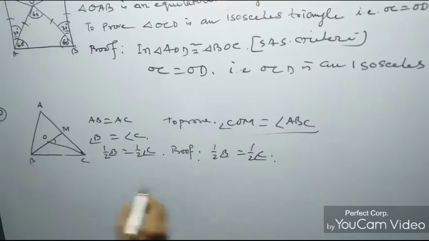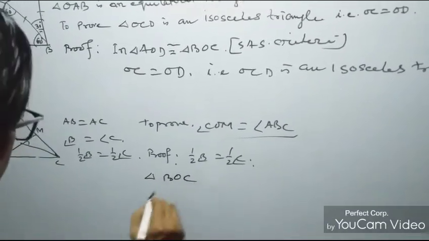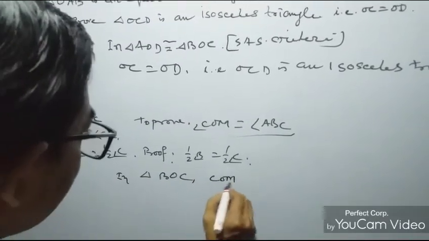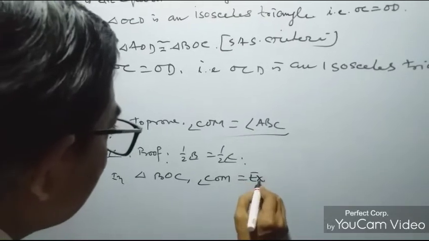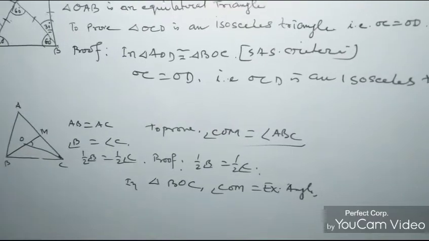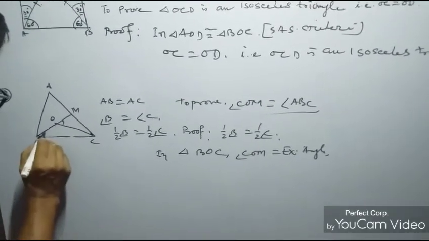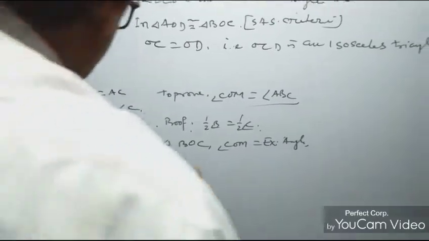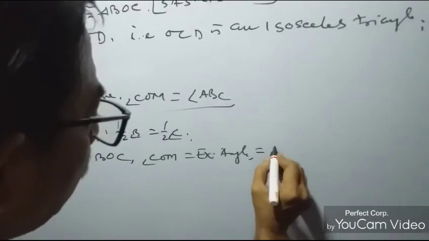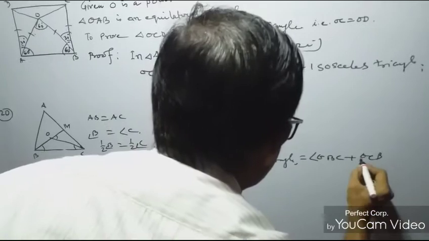Now in triangle BOC, COM is the exterior angle. This exterior angle will be equal to the sum of the two interior angles, that is angle OBC plus angle OCB.